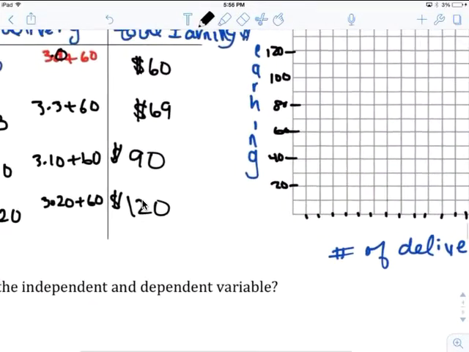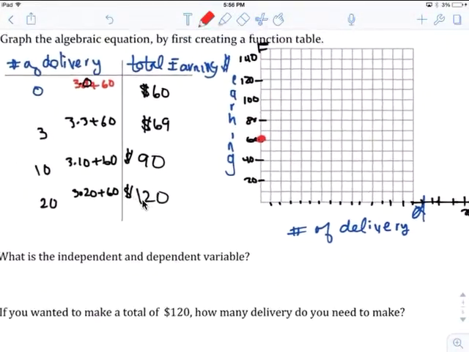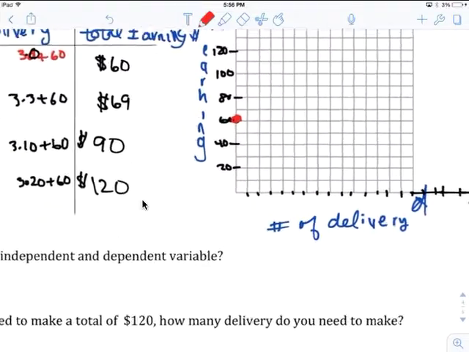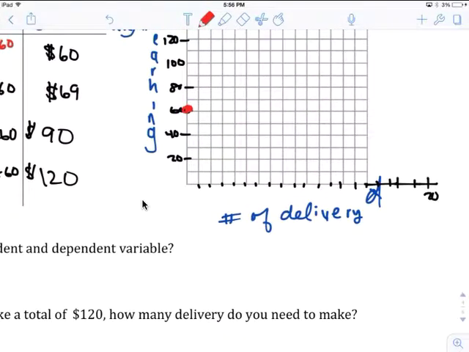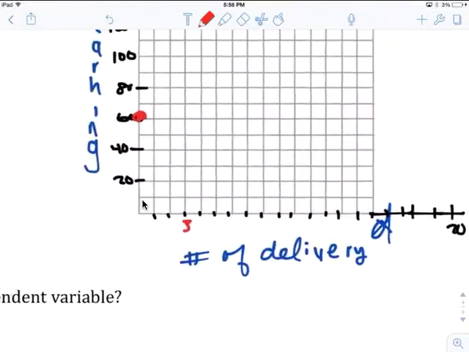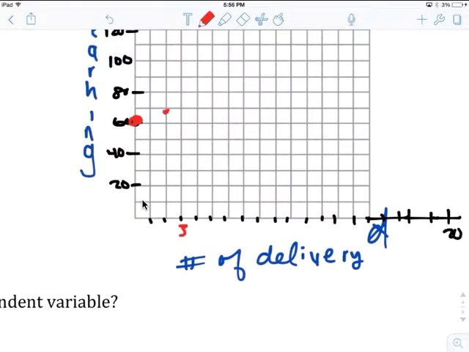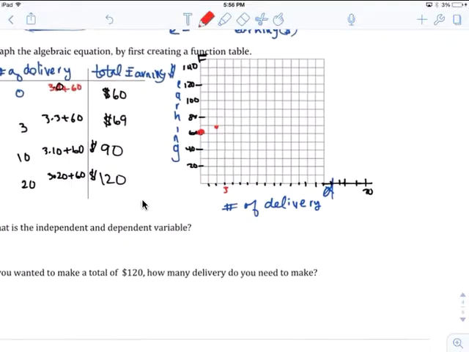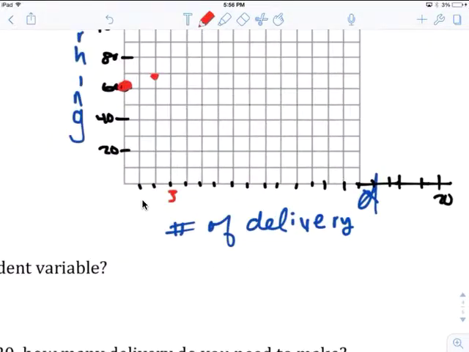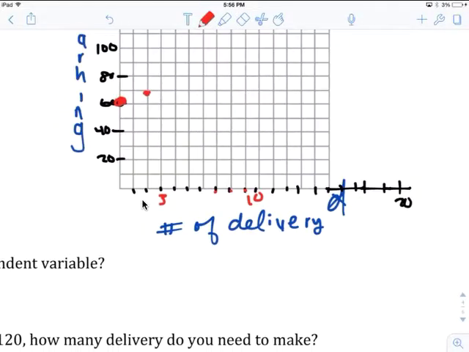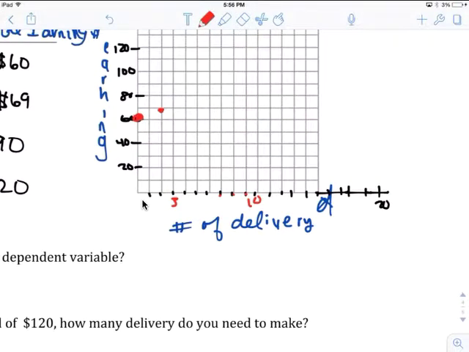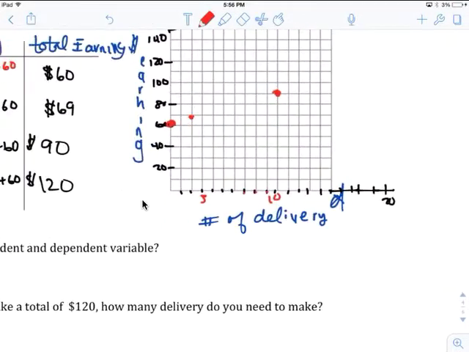Okay, 0, 60 right here. 0 deliveries, you still make $60. 3 deliveries right here, you make $69 right there. 10 deliveries, you make $90 right there. 20 deliveries, you make 120.